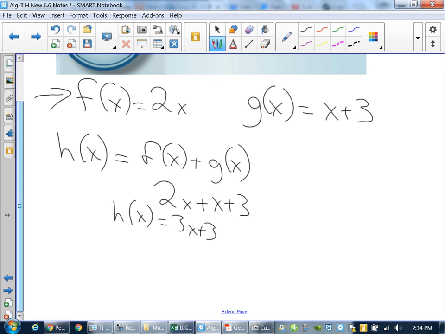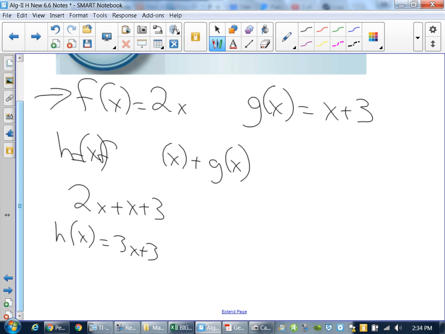You can do the exact same thing with subtraction. If I say h of x is f of x minus g of x, again, it is quite literally write things down and combine like terms. One thing that you will screw up though, distribute the negative.